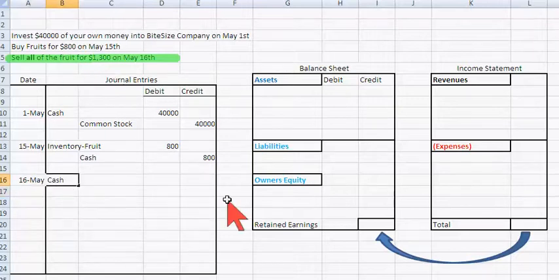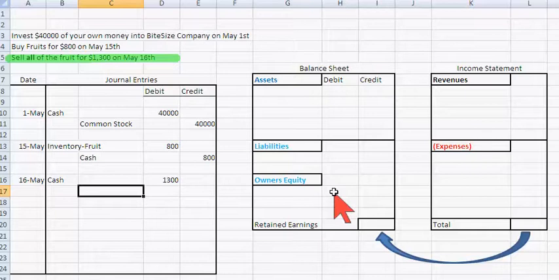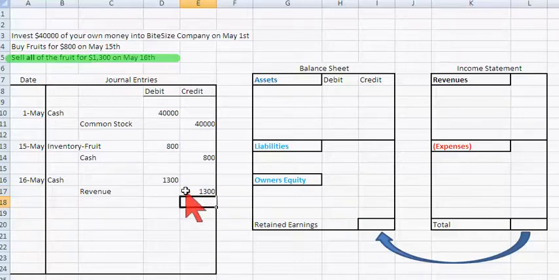We get cash for $1,300, and we're booking revenue, because revenue is also known as sales, which is how much money we made, $1,300. But we didn't really make $1,300 because we spent $800 buying it. So really, we only made the difference of $500.